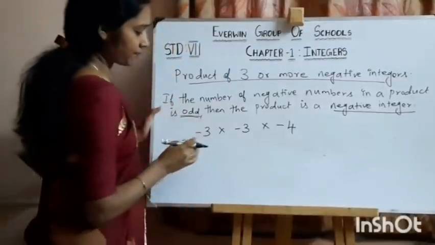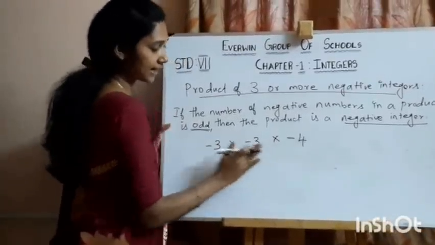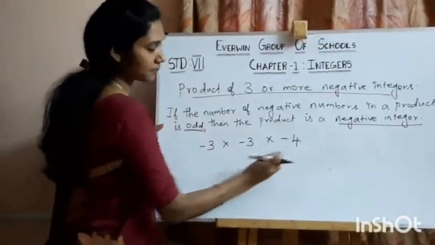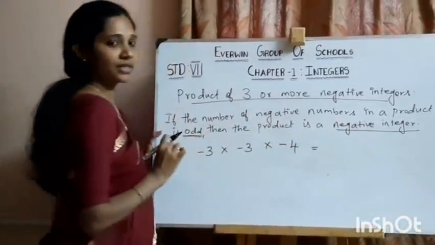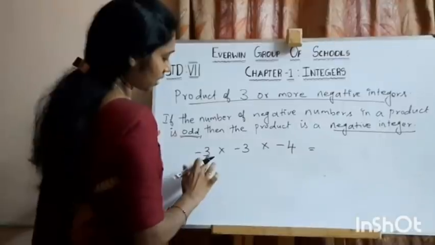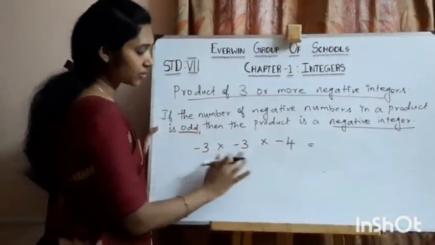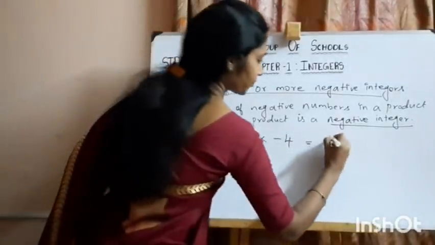minus 4. Okay, so there are 3 negative numbers. 3 means it's an odd number. So with 3 negative numbers, what will be the result they are telling? It will be a negative integer. We shall see now. Consider only the numbers. Multiply the numbers alone. 3 3s are 9. 9 fours are 36.